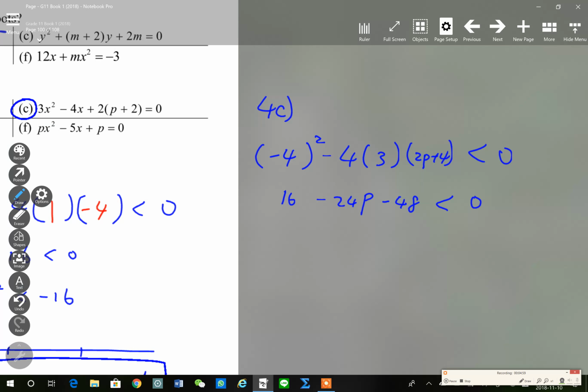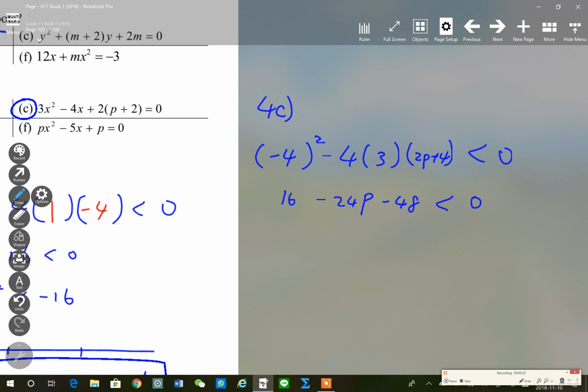So from here, do you know how to isolate P? Isolate means you move things over, right? Which ones will go over? Sure, negative 24. Let's keep the P on the left side, okay? 16 you move over, negative 48 you move over. Isolate is like solve for x.